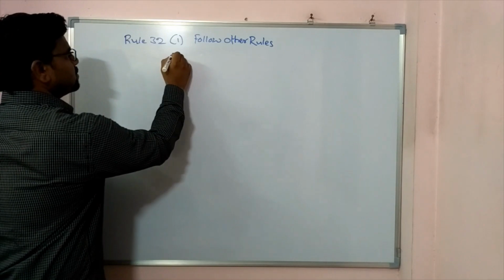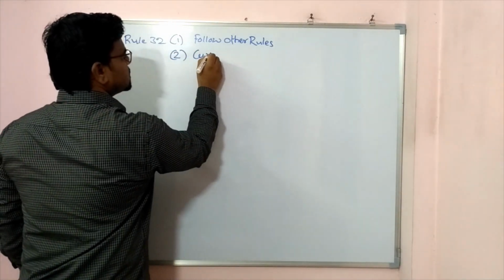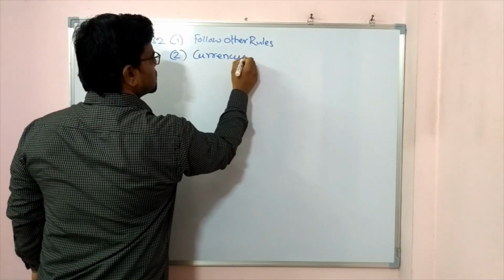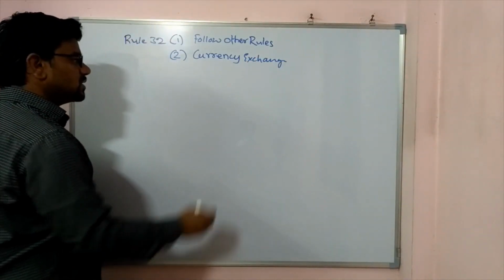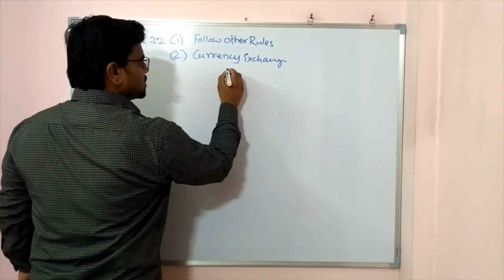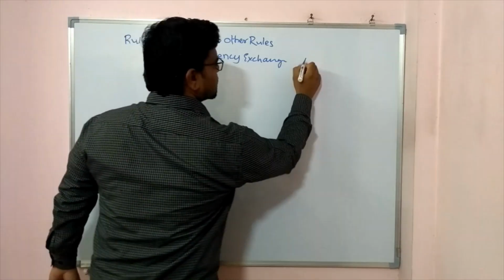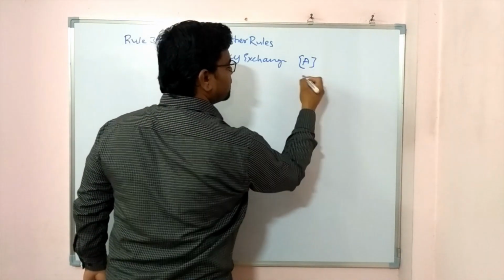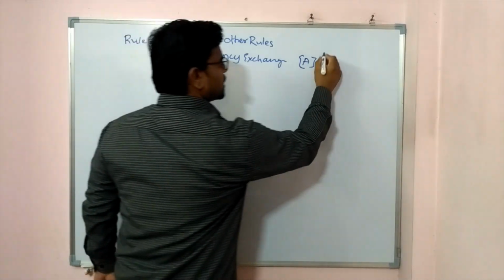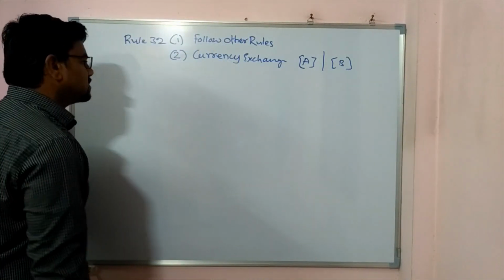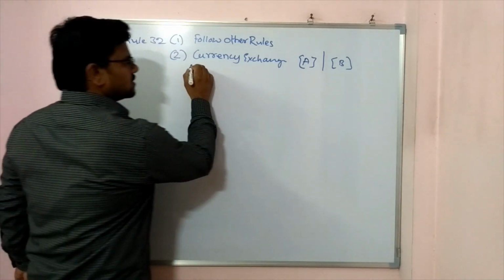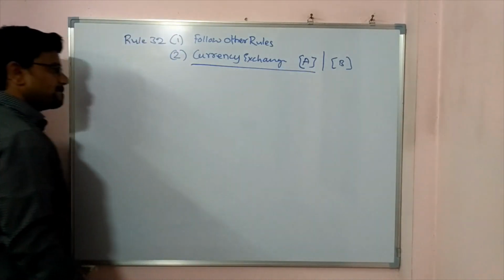Okay, subrule 2 says for currency exchange. Now this currency exchange has 2 parts. There is part A, which is compulsory or by default, and then part B. We will see it later. First we will start with the currency exchange part A.